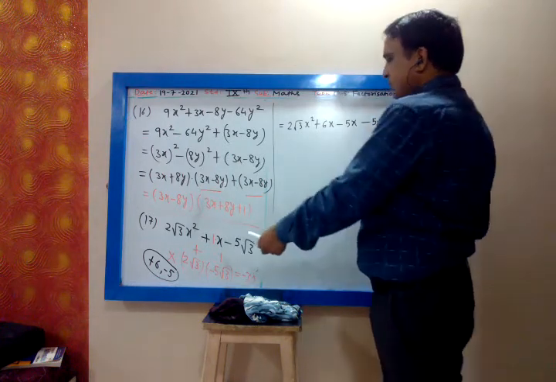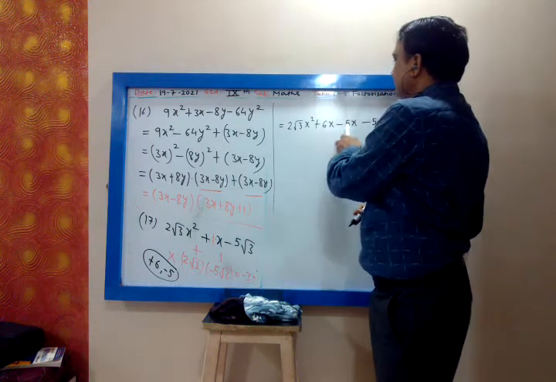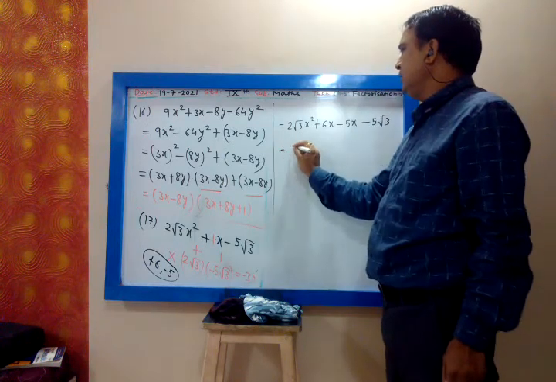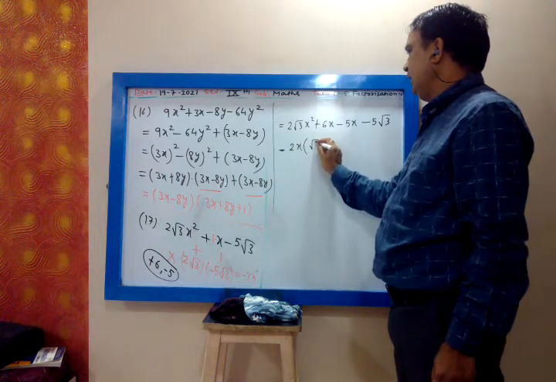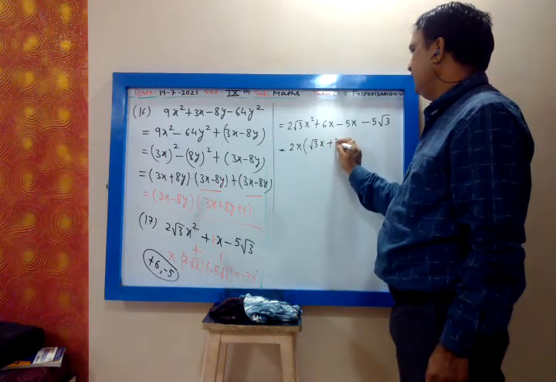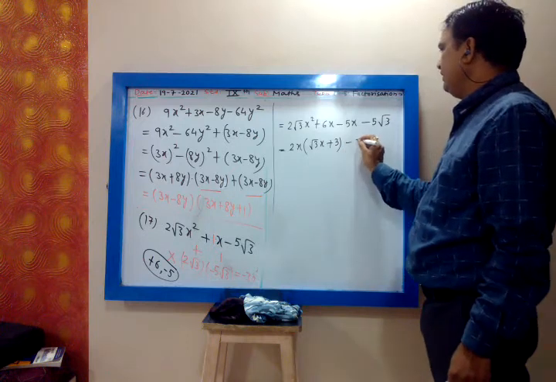The middle term x I have written as plus 6x minus 5x. So what is common in them? 2x is common. Then it is root 3 x plus 3. Minus 5 is common.